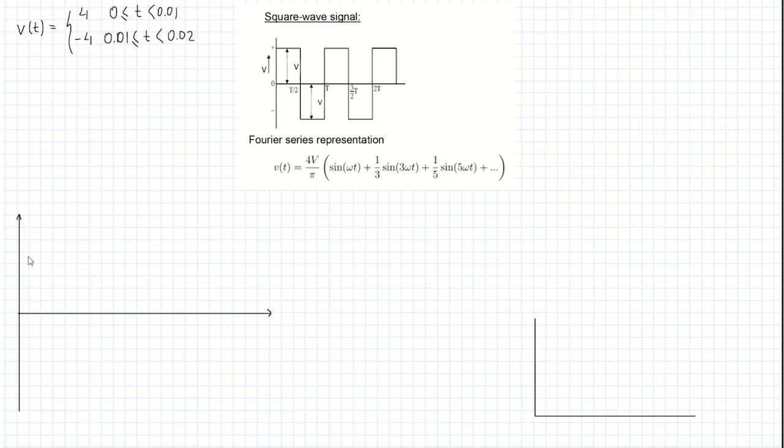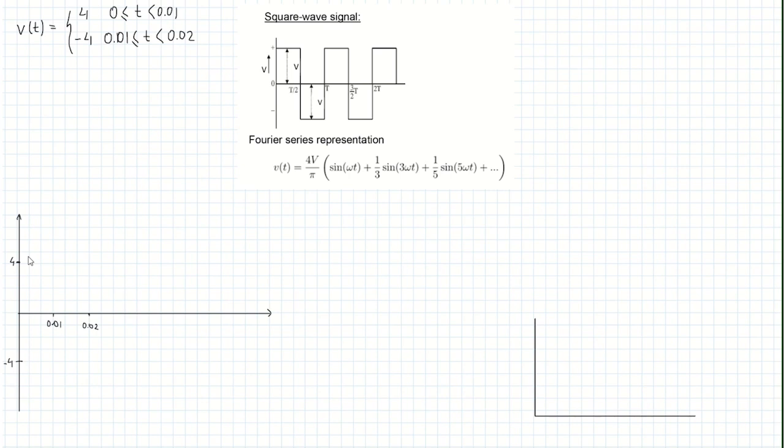Now we will be sketching the waveform of our signal. To do that, firstly we need to mark on the y-axis what its maximum and minimum value are. Maximum value is equal to 4, minimum value is equal to minus 4. We need to mark the period on the t-axis. We will mark it as 0.02 and half of the period, that is 0.01, in the middle.